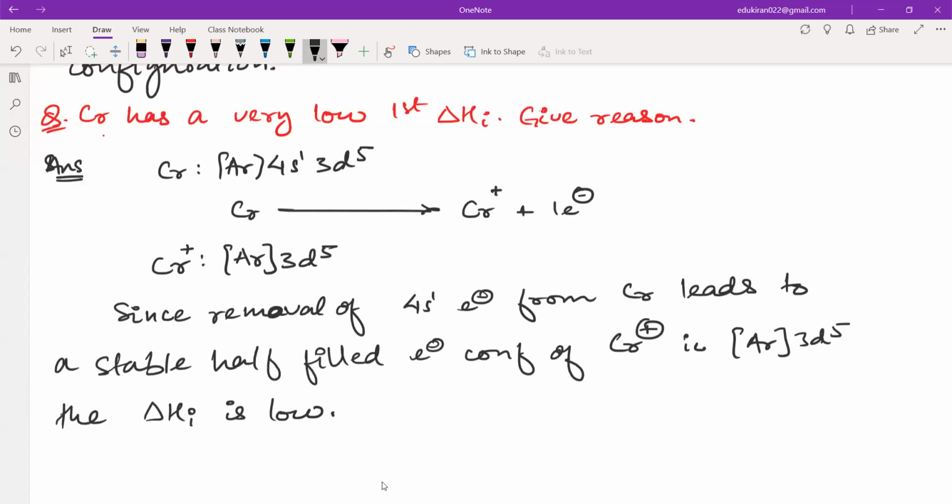Okay. This is due to the formation of a stable configuration of half-filled D subshell, so we have low ionization enthalpy of chromium.